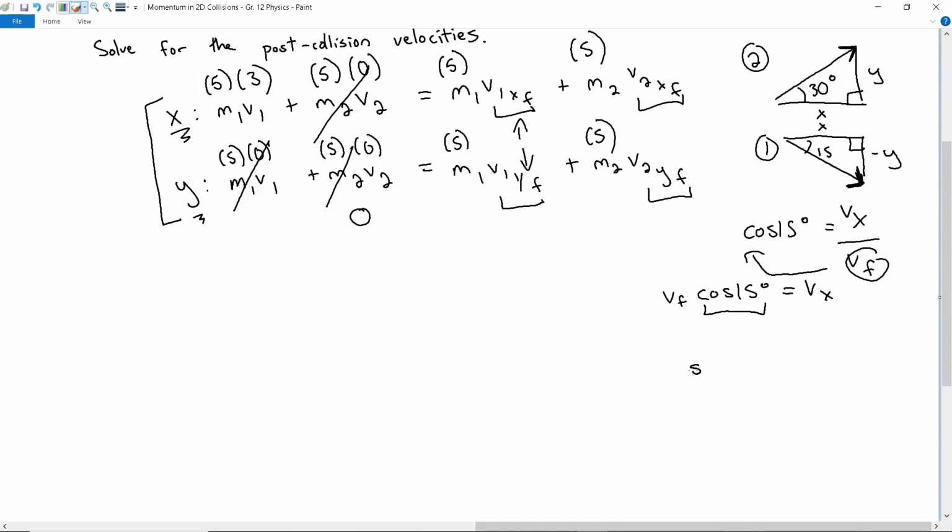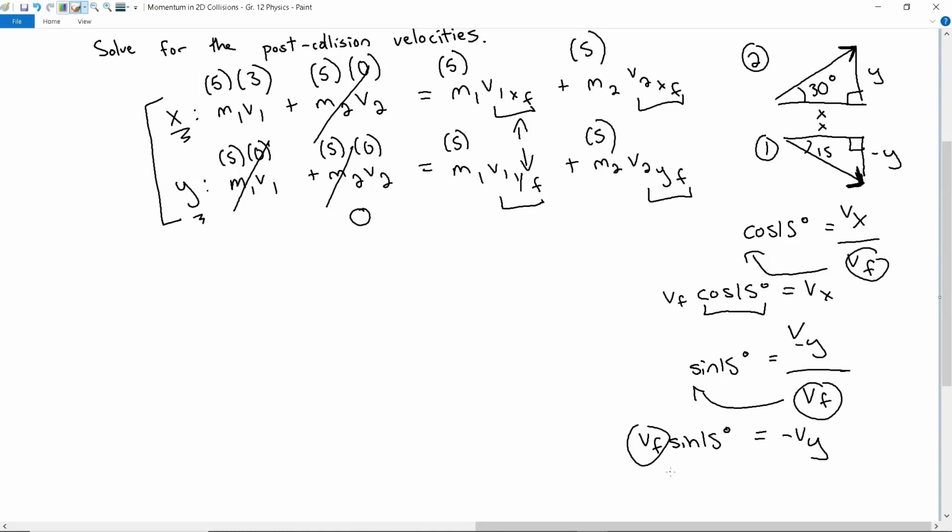If I said sine 15 degrees equals negative y over overall final velocity, move this over here again, and I've got another way to represent Vy with respect to Vf.